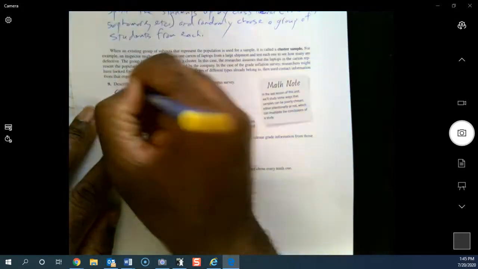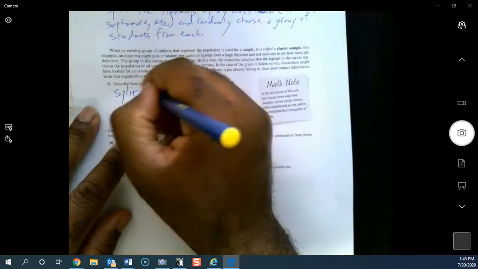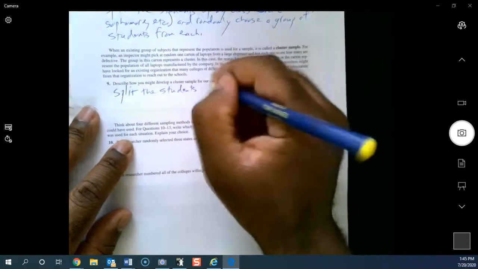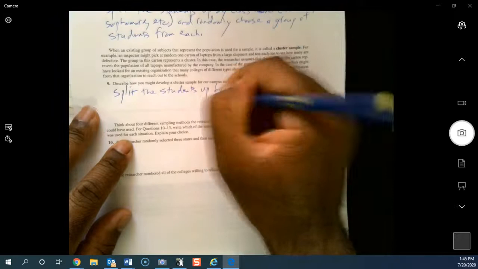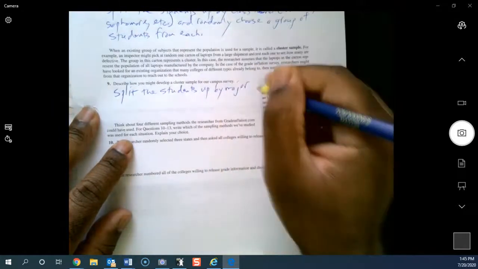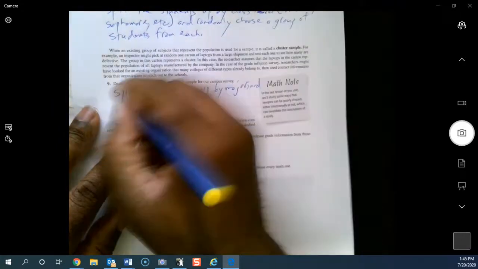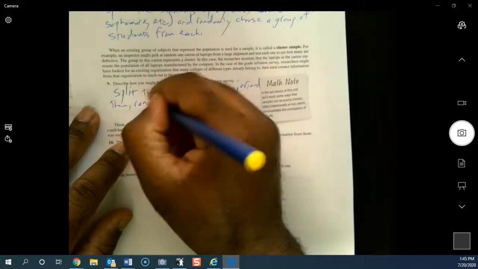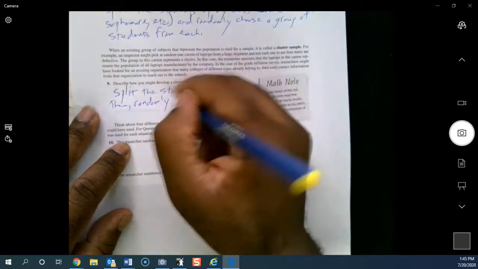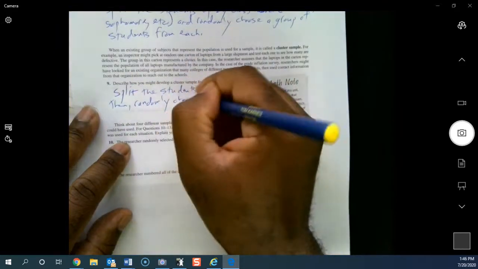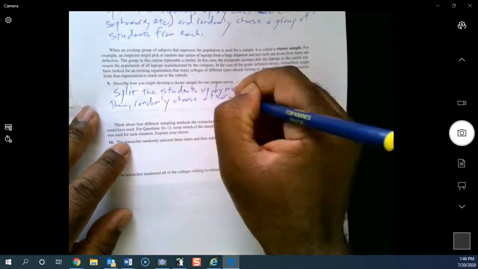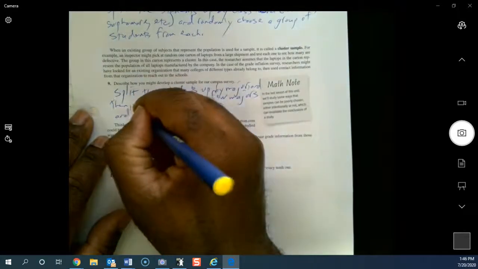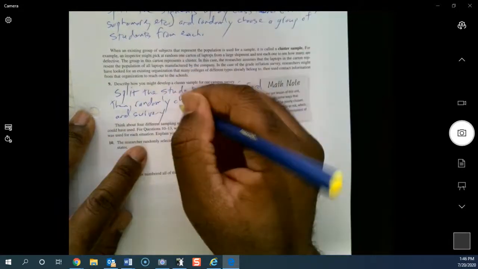We could split the students up by major, and then randomly choose a few majors and survey everyone in those majors.